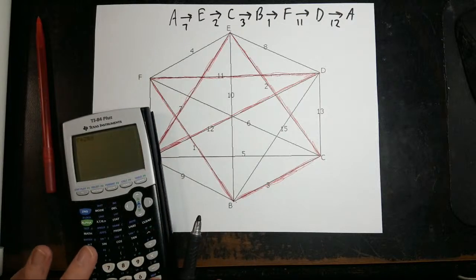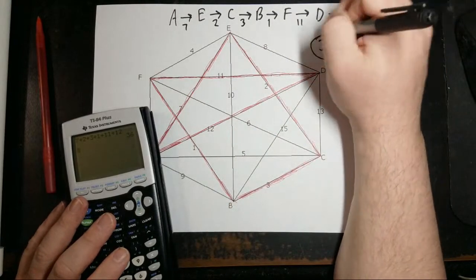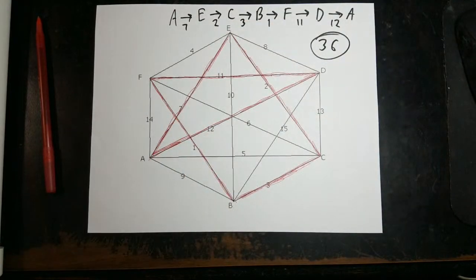Which, just double checking, yep, adds up to 36. We got the exact same result as repetitive nearest neighbor, but it took us a lot less time.